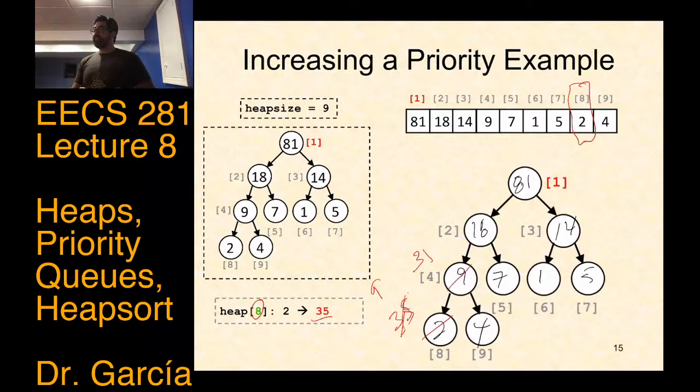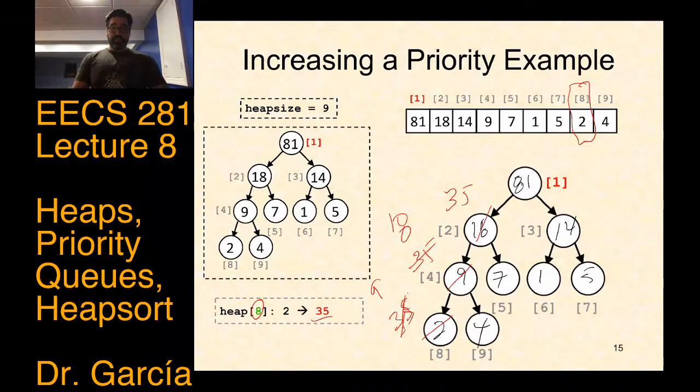And then am I done? No, I'm not done because I still see a break. So basically now this becomes 18, I think is what I wrote, and then this becomes 35. And now I'm good. And now the heap constraint is satisfied throughout. Okay.